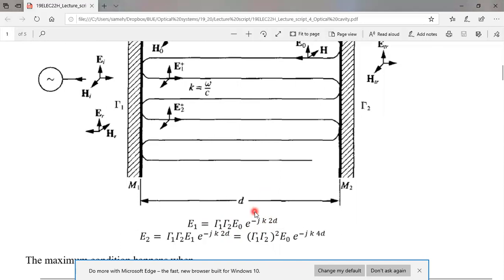You need cosine 2kd to be equal to 1. Mathematically, to have a cosine function equal to 1, you need the argument or the input to be a multiple of 2 pi, because cosine 0 equals 1, cosine 2 pi equals 1, cosine 4 pi equals 1. So if this term is equal to a multiple of 2 pi, that means this exponential term turns to 1.